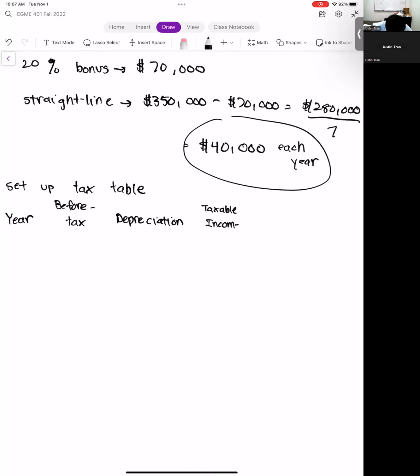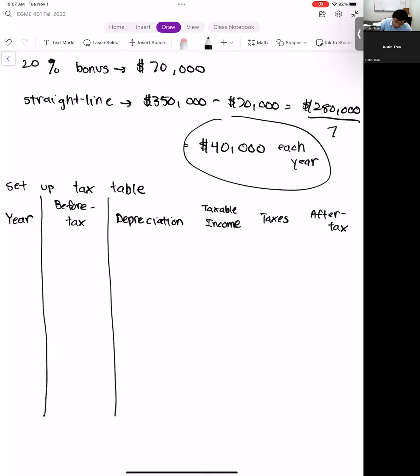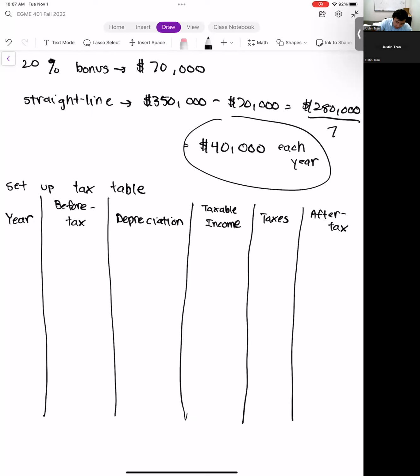We have another column for the taxable income. We have another column for the taxes, and then another column for the after-tax cash flow. Okay. All right, so I'm not going to fill in this whole table because it's going to take too long, especially because I'm computing this from scratch. But I will do the first couple rows just so you can see how it goes, and then you can repeat it from there.